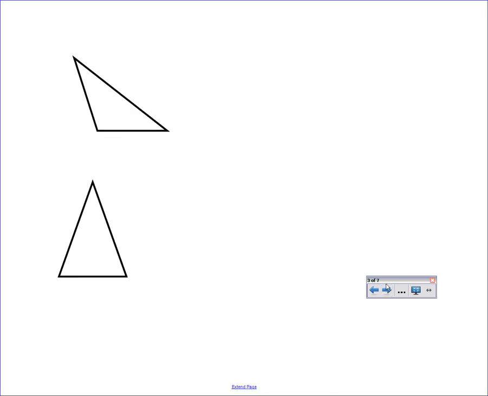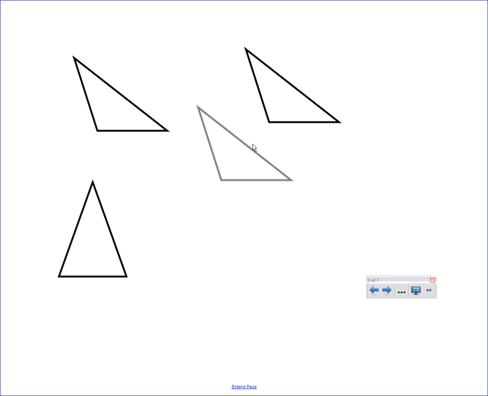Triangles. Let's talk a little bit about triangles as we work our way through. I'm going to make some copies of this particular triangle. In fact, I'm going to make 3 copies of it.